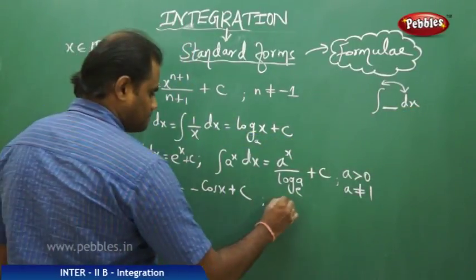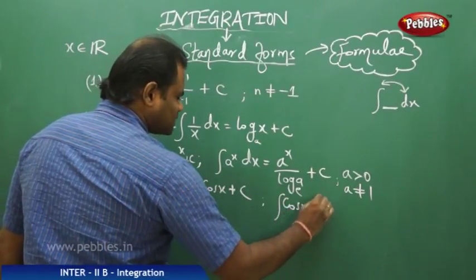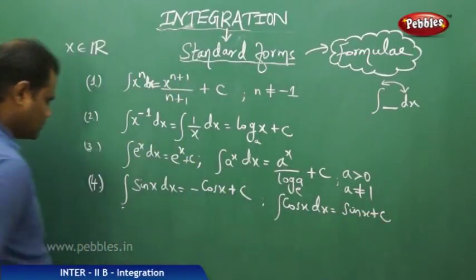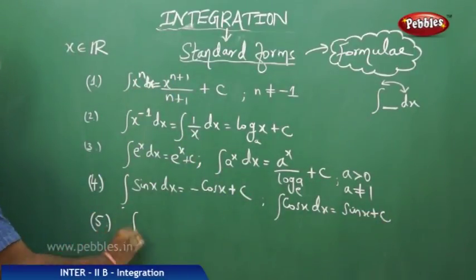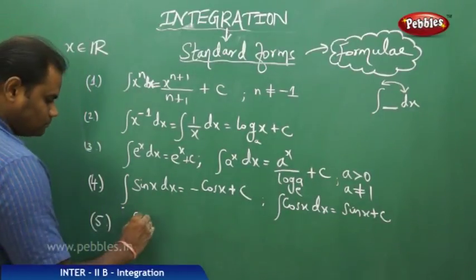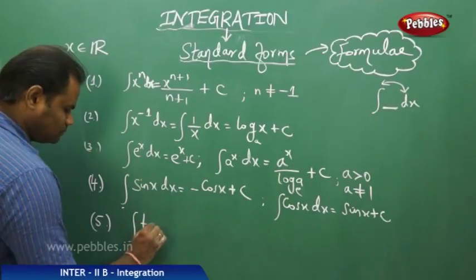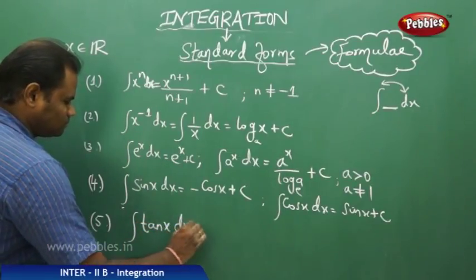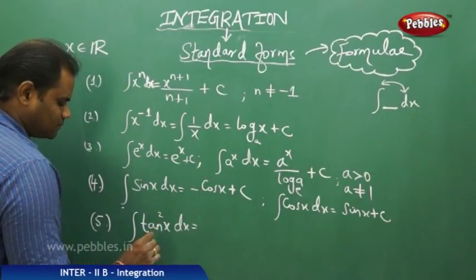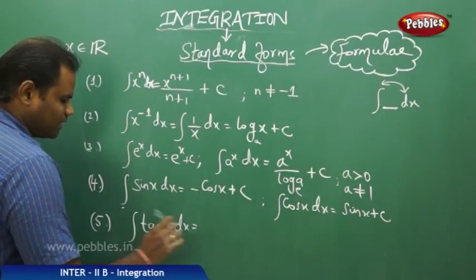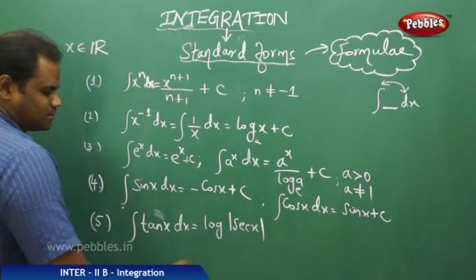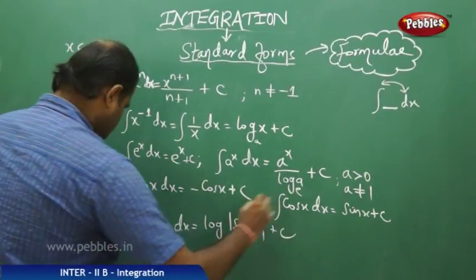Next, integral of cos x is sin x plus c. And then next I have integral of tan x, which is log mod secant x plus c.